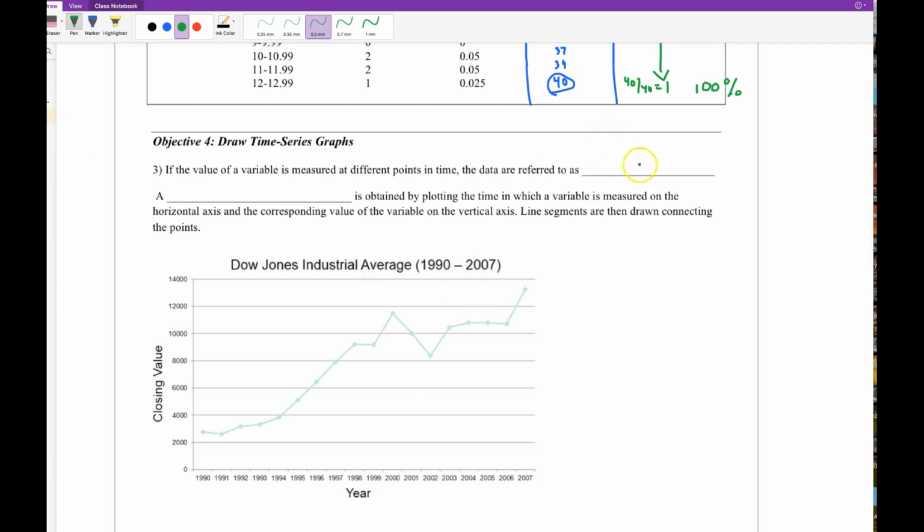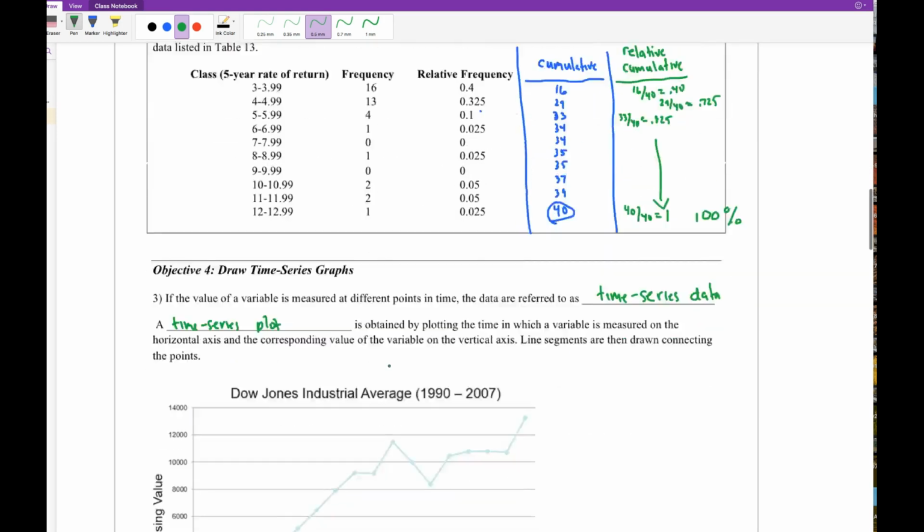Time series data: your x values are time, and then a time series plot or graph would go here. A time series plot or graph is obtained by plotting that and then connecting the points. That's chapter 2.4.